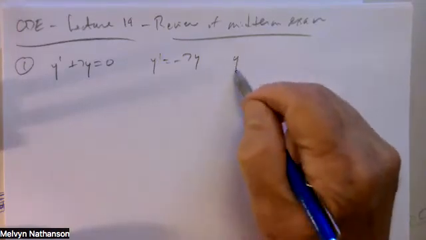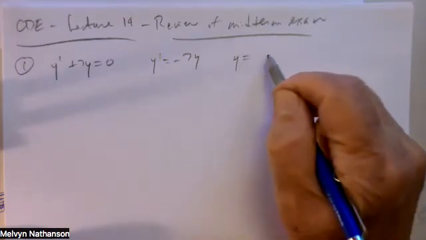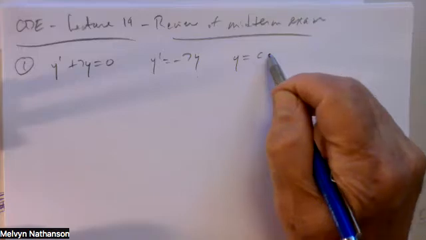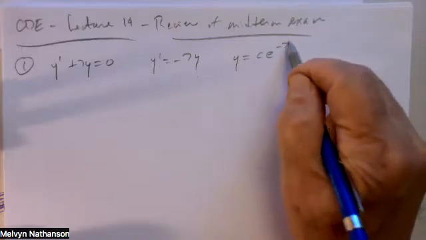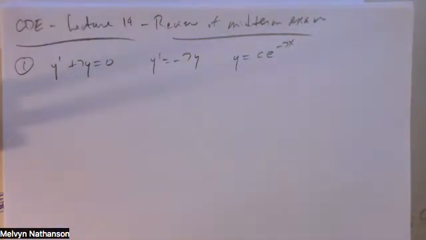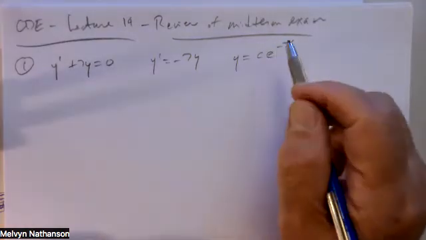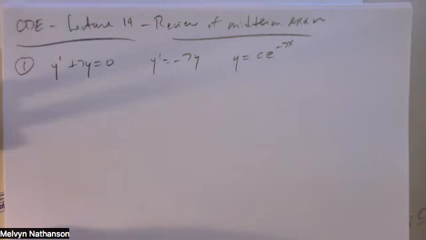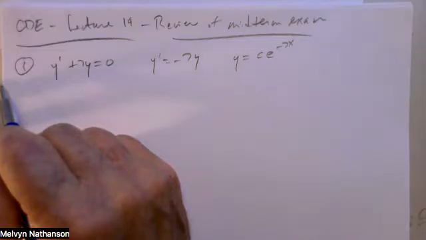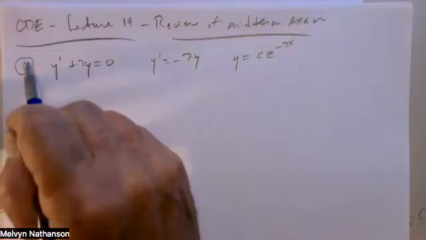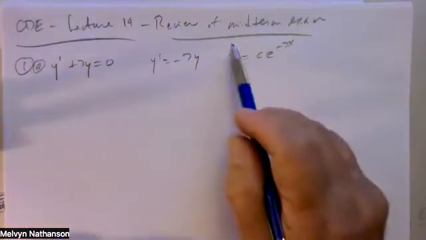So you know from calculus that the general solution is any constant times e to the minus 7x. So that's part A. Find the general solution of the homogeneous equation.